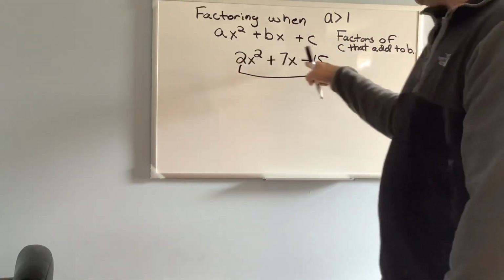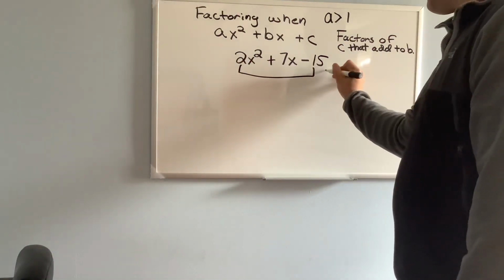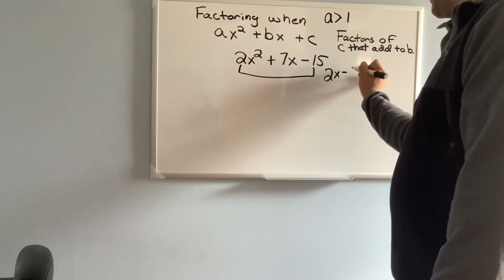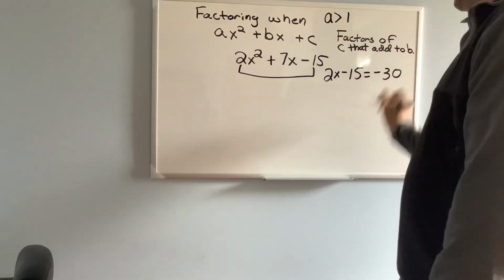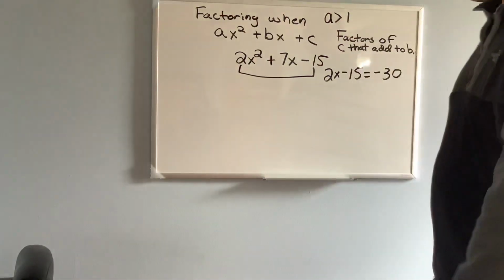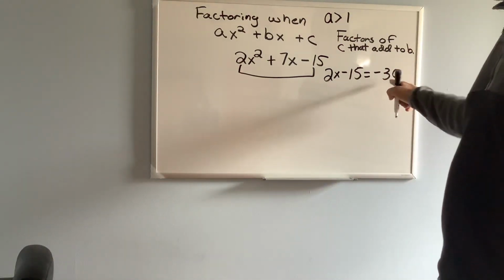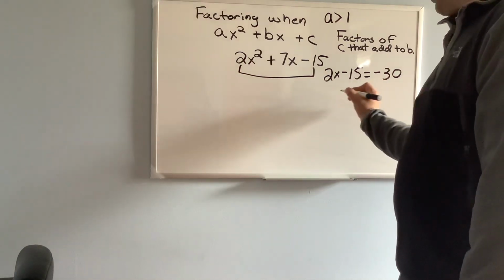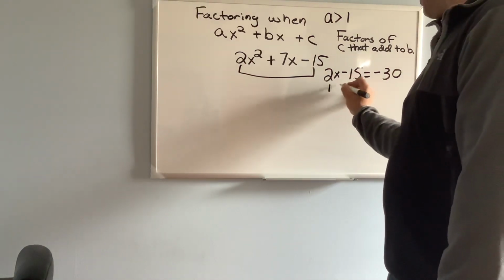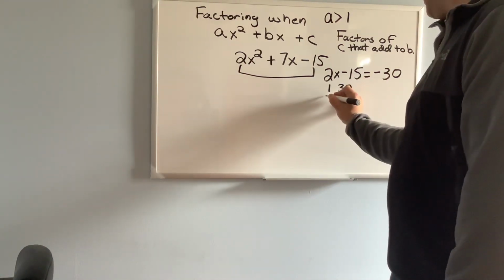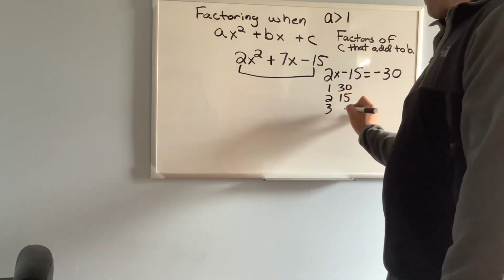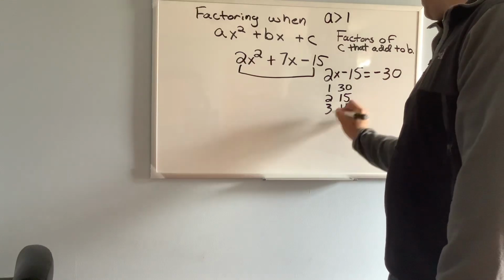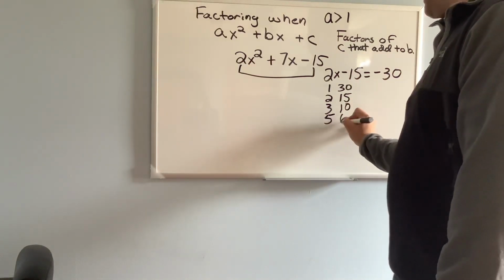First, you take 2 and multiply it by negative 15. So 2 times negative 15 is negative 30. So now what we do is write out the factors of negative 30. So we could have 1 and 30, or 2 and 15, 3 and 10, and 5 and 6.